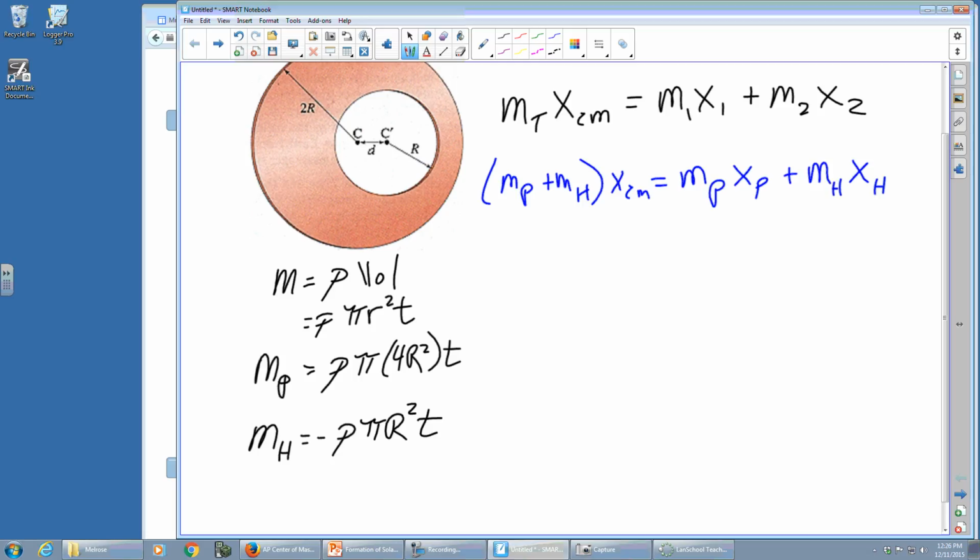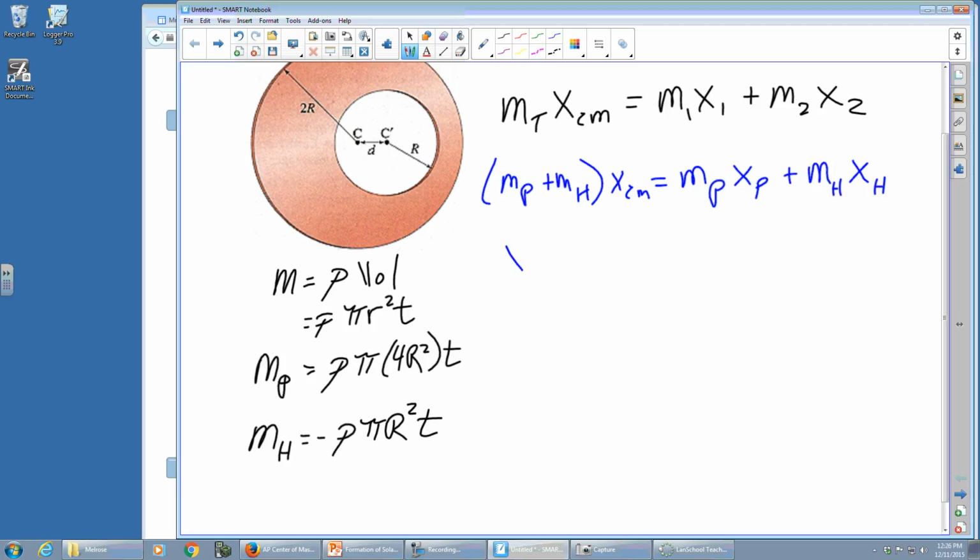Both the plate and the hole are regular cylinders, so their center of mass is in their geometric center. So for the plate, it's at point C. For the hole, that's at point C prime, but they're regular solids, so they're in their geometric center.